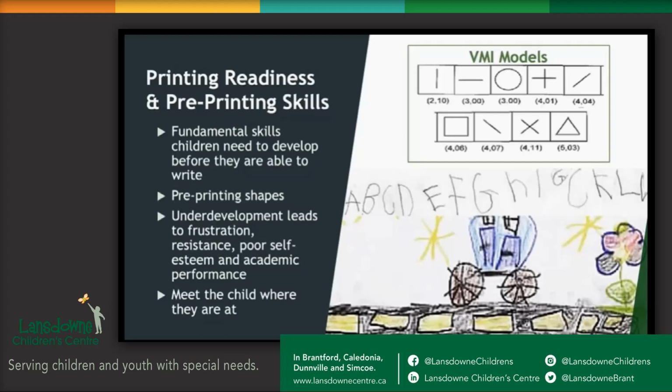A is a big one. It comes up often early on in school writing. Depending on where the child is at developmentally in their pre-writing skills, they may not be able to produce the letter A if they can't do a diagonal line.